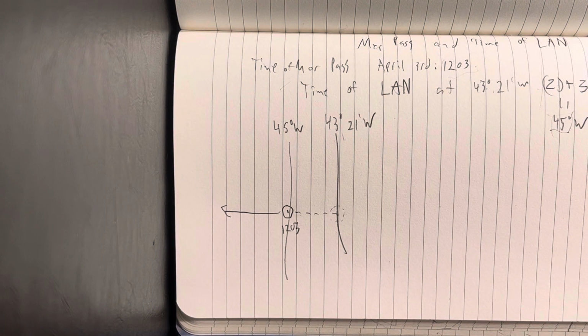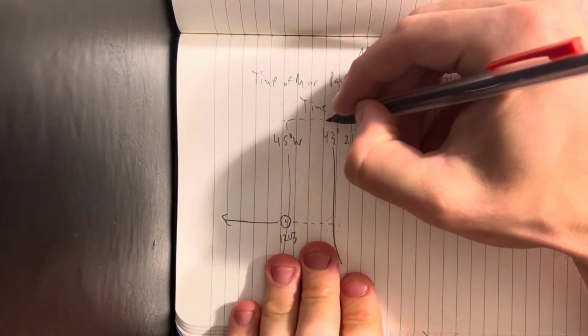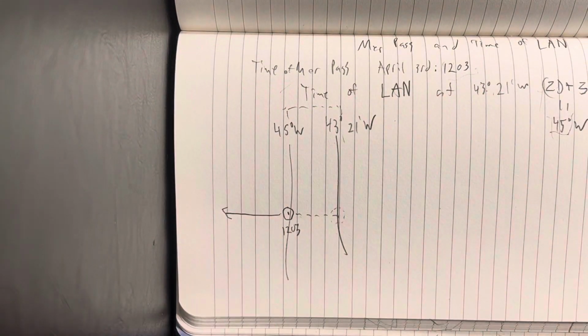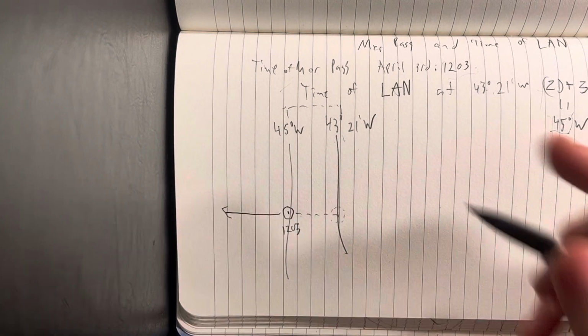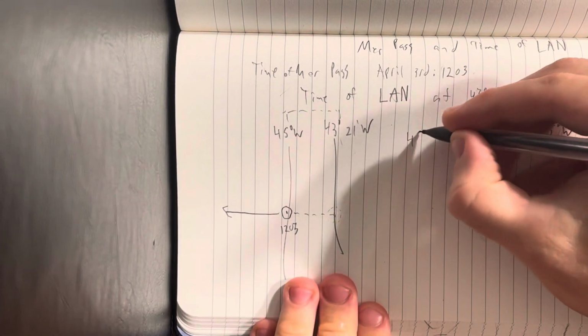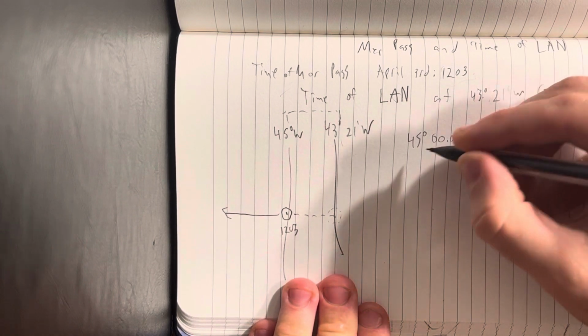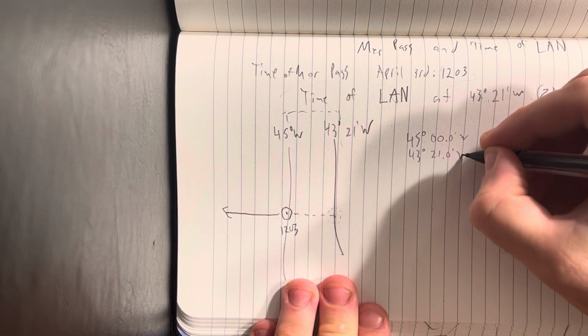How far in the past? Well, that's just arc to time. That's just this distance here converted to how long it takes the sun to move that distance. So the first thing we do is we get our DLO. 45 degrees, 0.0 minutes west, minus 43 degrees, 21.0 minutes west.